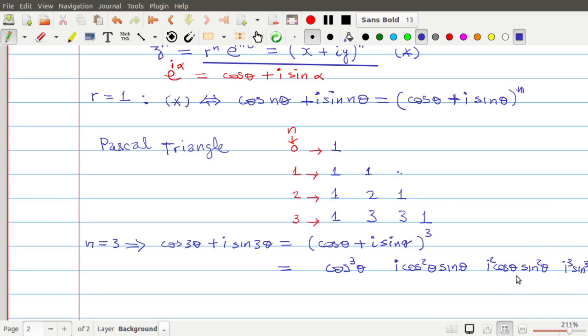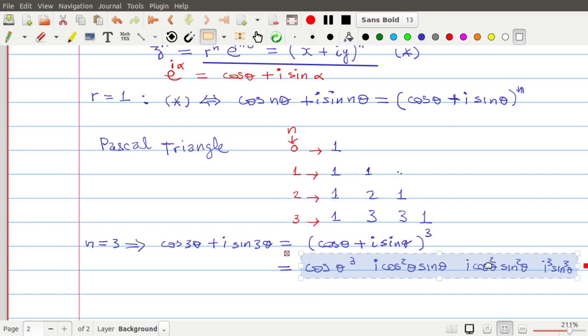Now we need to add this coefficient. So we have 1, 3, 3, 1. So 1, 3, 3, 1. Let me shift this to get more space.